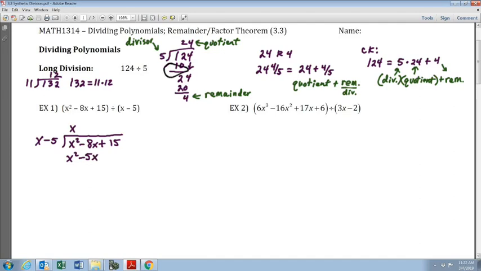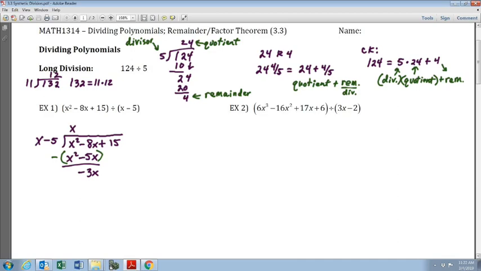And just like up here where we subtracted, we're going to subtract here. And so I usually write it this way. So x squared minus x squared is 0, which we should always get in that first term, assuming we did things correctly. And then negative 8x minus a negative 5x becomes negative 8x plus 5x, which is negative 3x.